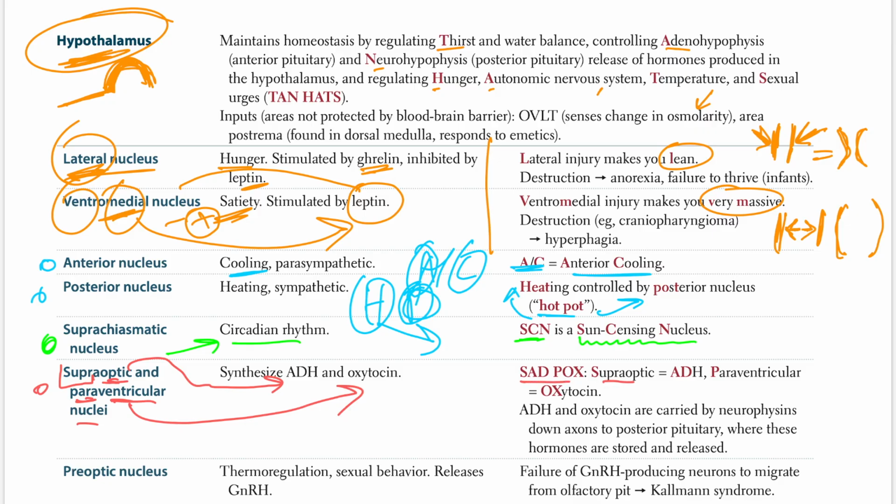If you want to remember SADPOX, it's easy. Like you have smallpox, you have a SADPOX as well. What is SADPOX? Supraoptic, ADH. Paraventricular pox, oxytocin.